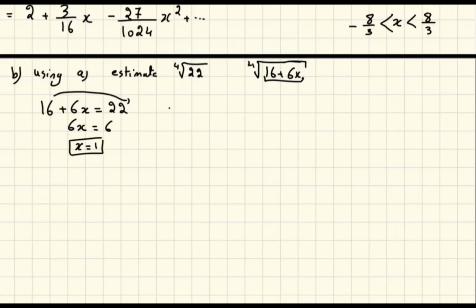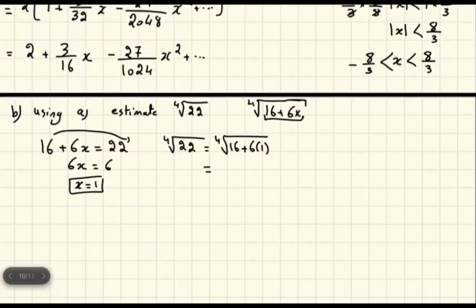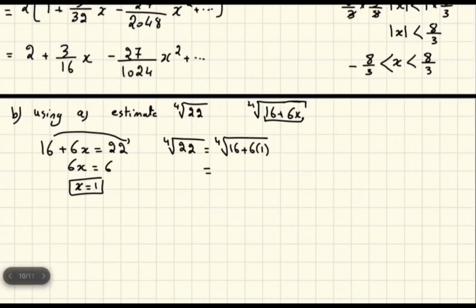So basically, the fourth root of 22 is the same thing as fourth root of 16 plus 6 multiplied by 1. So when you substitute x in the expansion by 1, you will get the estimation of fourth root of 22. Now we know the expansion of fourth root of 16 plus 6x, which is the one here.